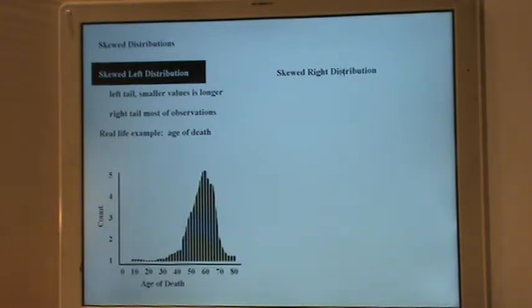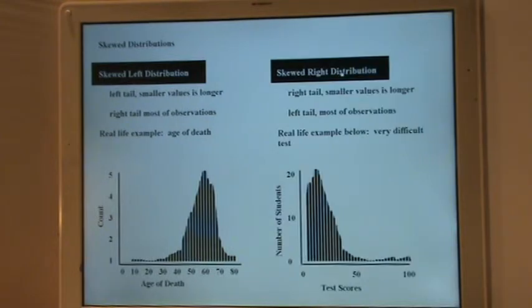Well, let's take a look at a right skewed distribution. Now, here's a distribution that is skewed to the right. Most of our observations are in the left portion of the graph, and then a few extreme observations on the right. So the real life example of this might be a really, really hard test.